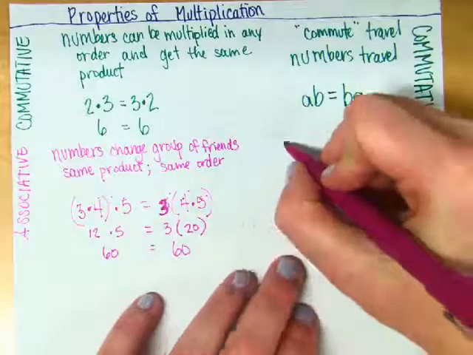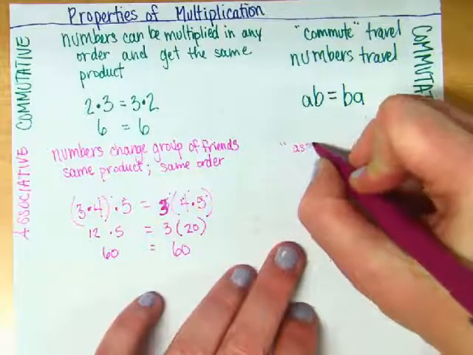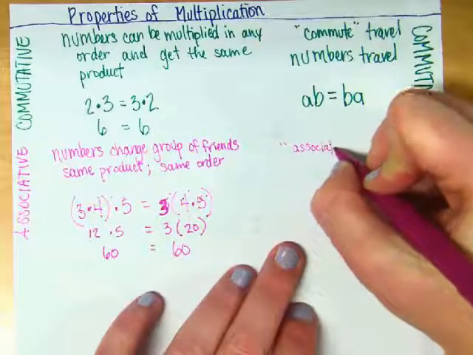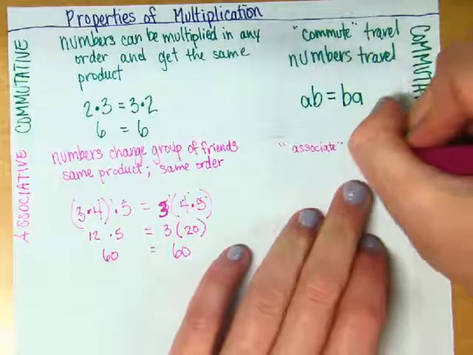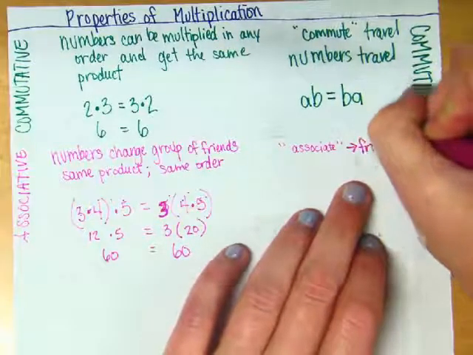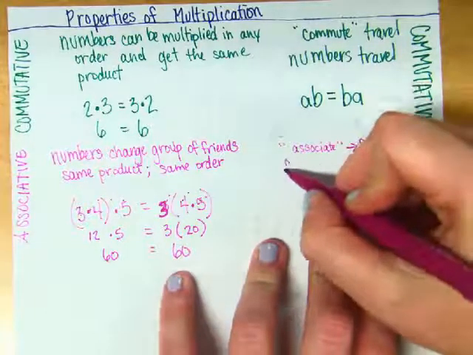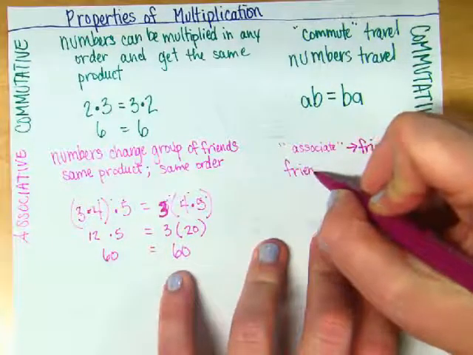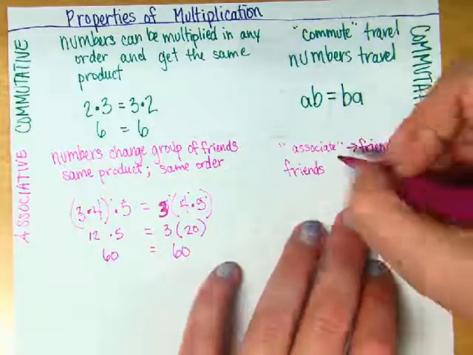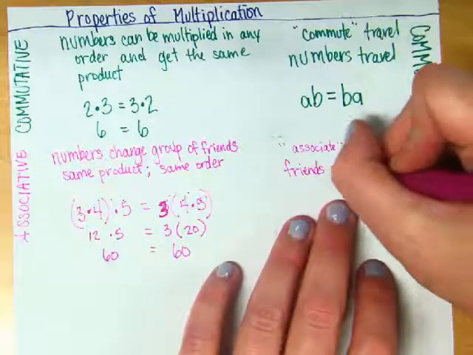Okay, so the numbers are changing. The root word here is associate, which means who are your friends? With whom do you associate? So the numbers are changing with whom they're associating, whom they are friends with.